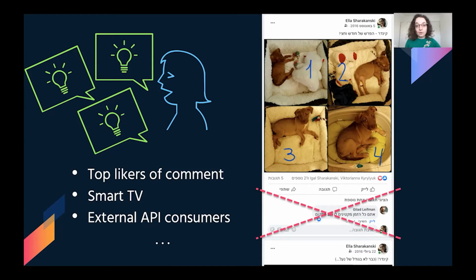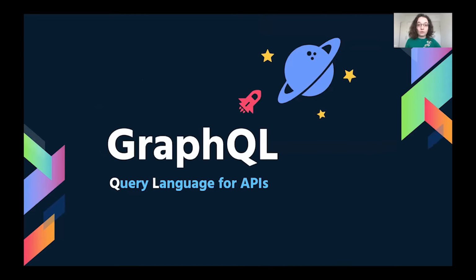And that's why your backend has to support in a convenient way many use cases. Now, let me introduce you to GraphQL. GraphQL stands for Graph Query Language. And I'll first explain some main concepts in GraphQL, and then I'll explain how GraphQL solves all of the problems that we have just discussed.